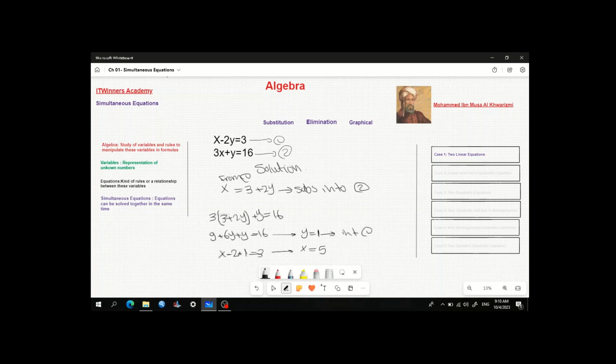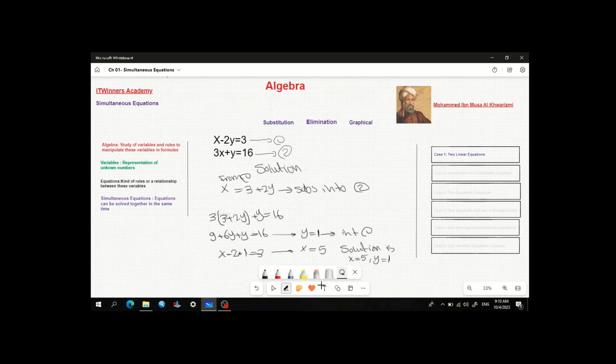So I now have the solution: x equal to 5, y equal to 1. This is by substitution. Now we will discuss elimination.